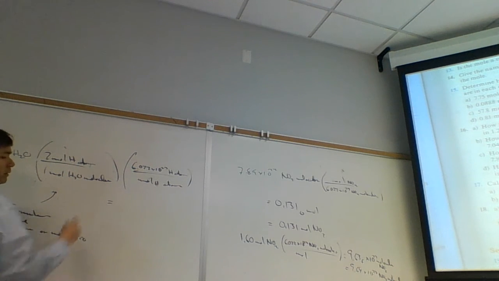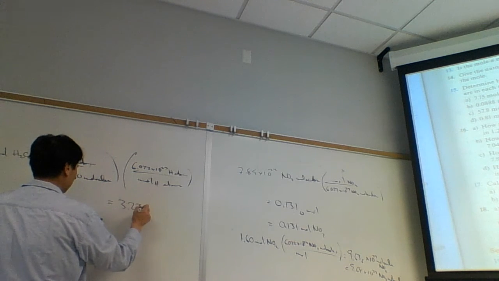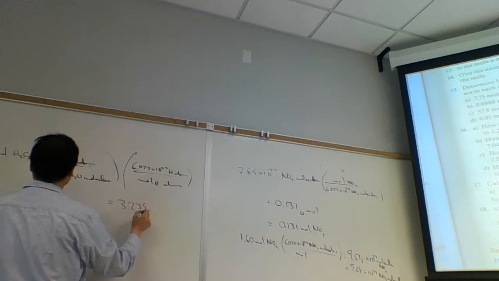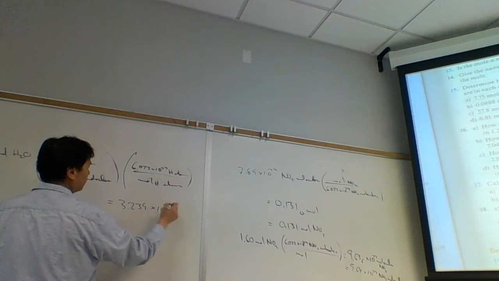So 2.69 times 2 times 6.022 times 10 to the 23rd is 30.239 times 10 to the 24.